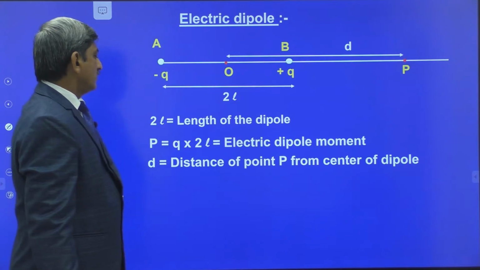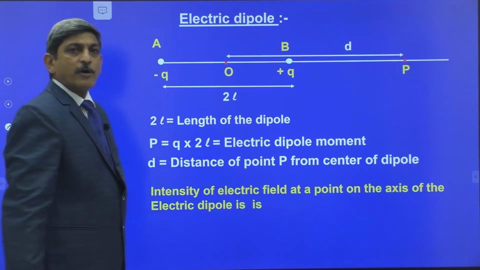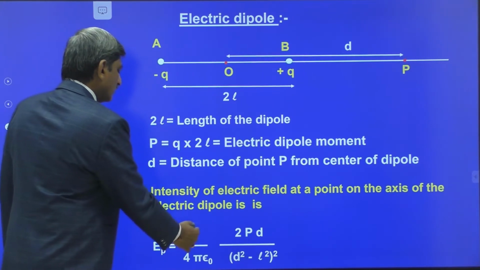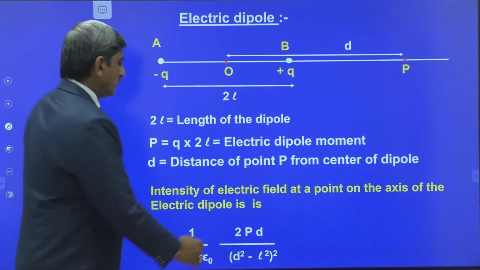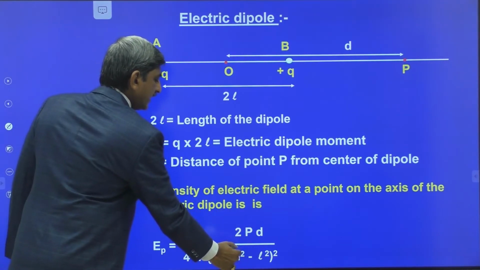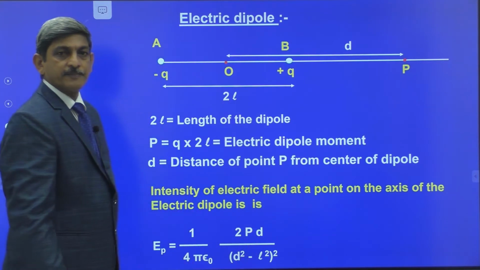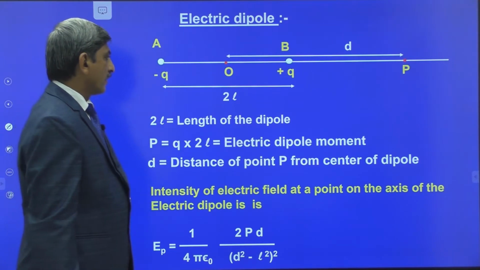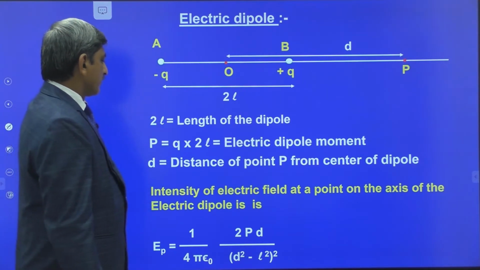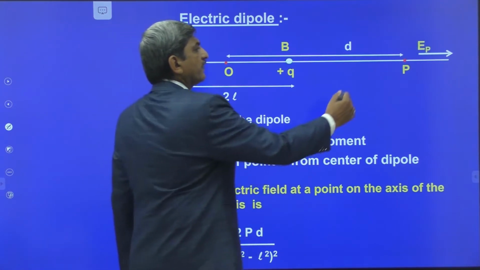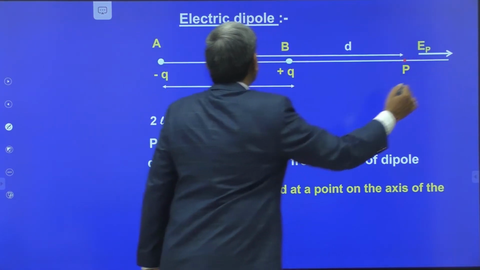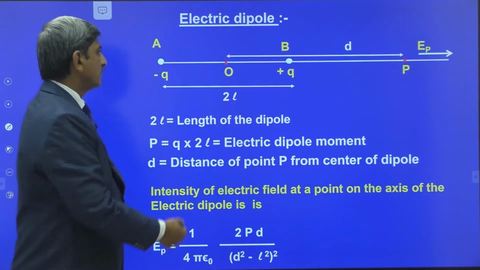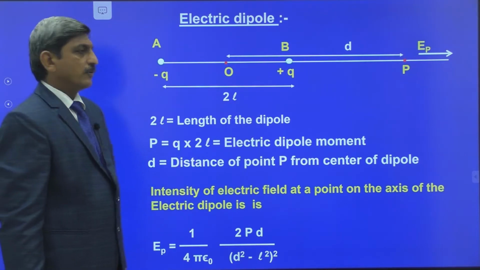The intensity of the electric field at a point on the axis of the dipole is given by E_P equals 1 by 4 pi epsilon naught, 2Pd divided by (d square minus L square) whole square. It was derived in the unit electric charges and fields. The direction of the electric field on the axial line is from the minus charge to the positive charge. So, this is about the electric dipole.